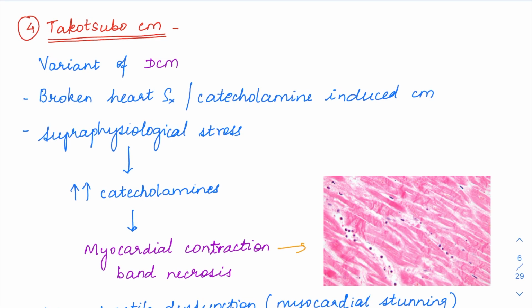So what happens is, when they hear these kind of shocking news or something, there will be supraphysiological stress. So that stress-induced catecholamine release will be there. So large amounts of catecholamines will be released, and these catecholamines will cause stunning of the myocardium. So the myocardium will stop contracting. So it will be stunned.